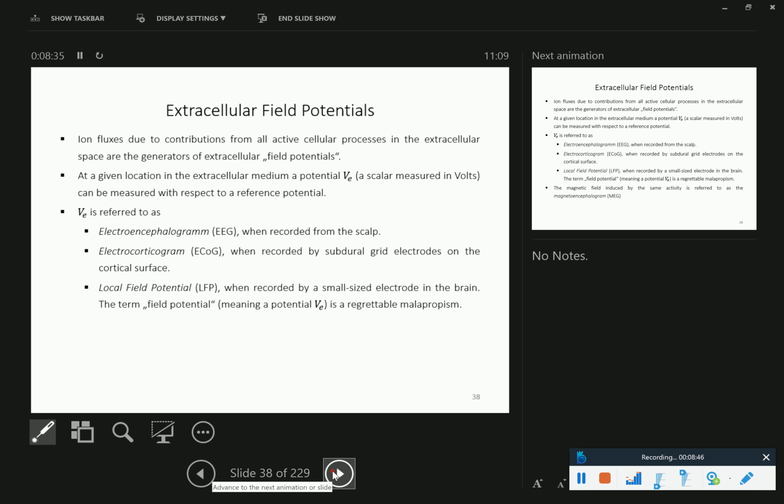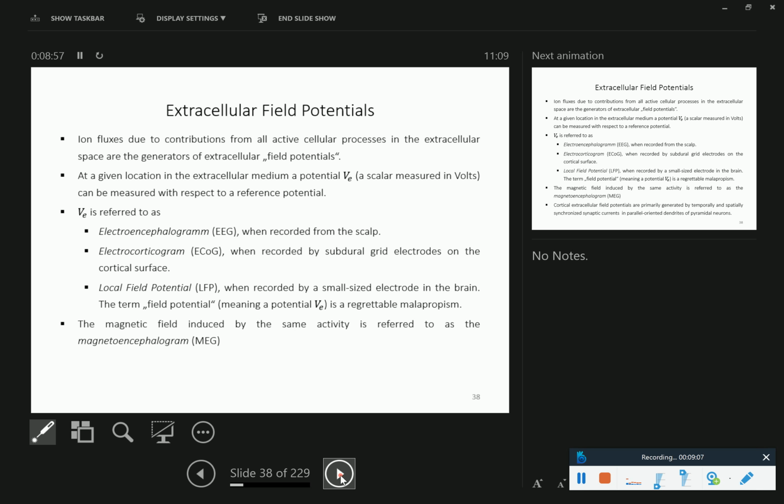But the origin story for all the signals that can be observed in either invasive electrophysiology in monkeys with the local field potentials, sometimes in humans with the electrocorticogram on the cortex, and the EEG, the basis for that is always this extracellular flow of ions. And of course, the MEG measures the associated magnetic field. So also MEG, like we discussed last time at some length, picks up essentially the same signals.